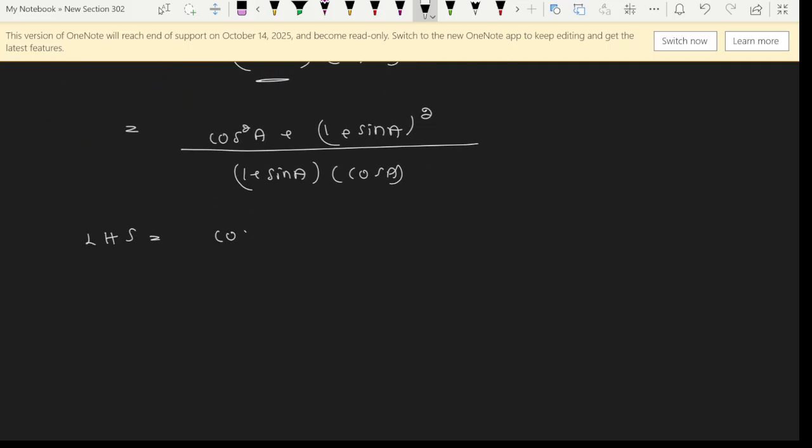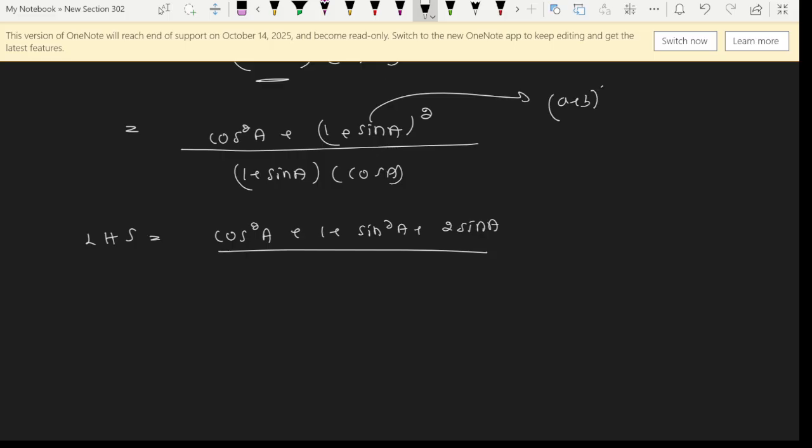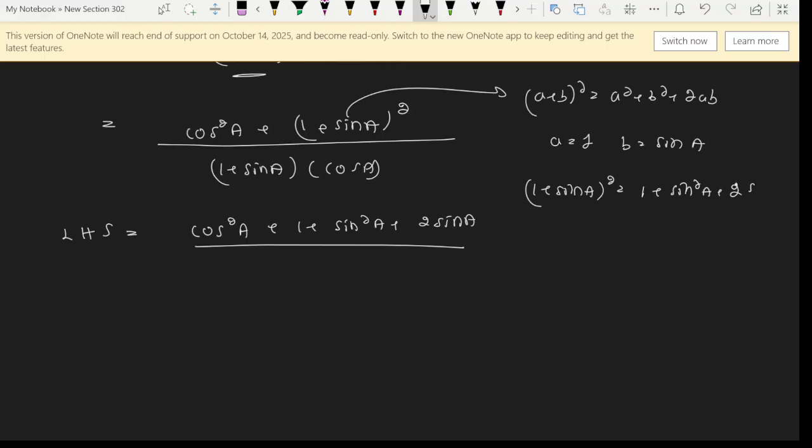So LHS is cos square A plus 1 plus sin square A plus 2 sin A. I'm applying the formula A plus B whole square over here: A square plus B square plus 2AB, where A is equal to 1 and B is equal to sin A. So 1 plus sin A whole square is equal to 1 plus sin square A plus 2 into 1 into sin A, that is 2 sin A. That's why I wrote 1 plus sin A whole square as 1 plus sin square A plus 2 sin A. Again, this is all about the basics to be remembered well.